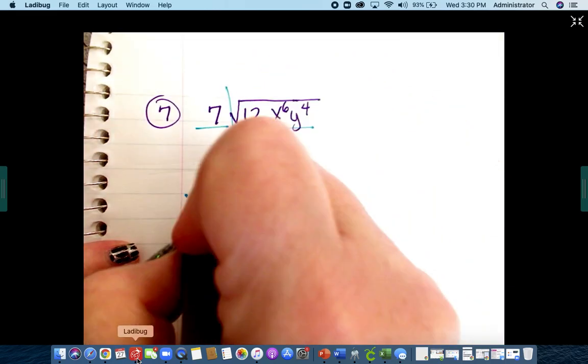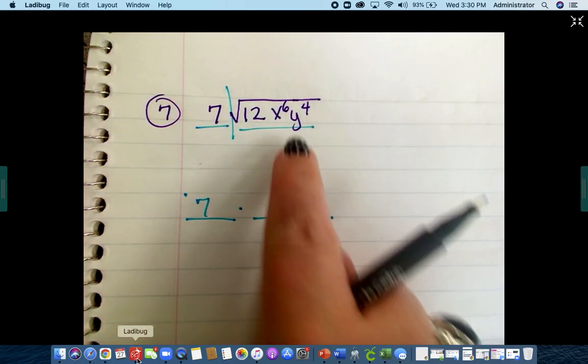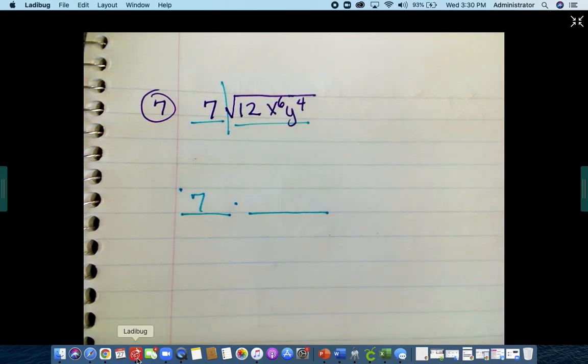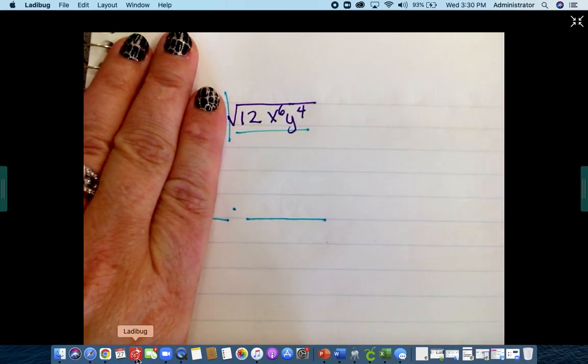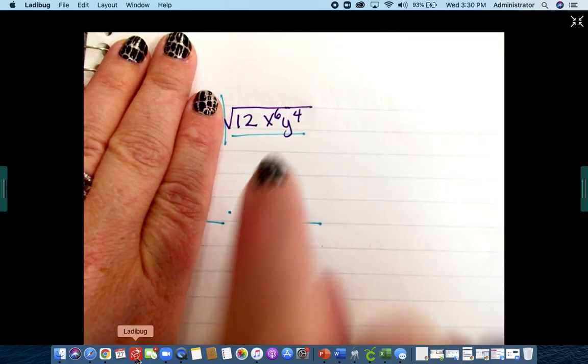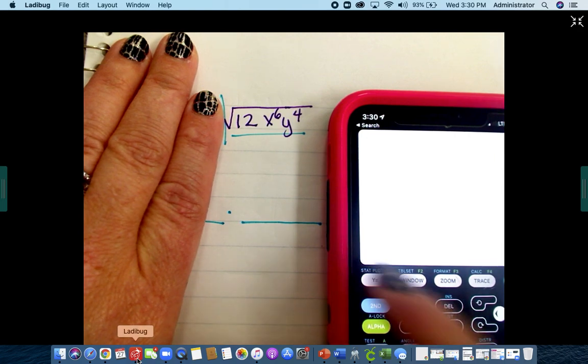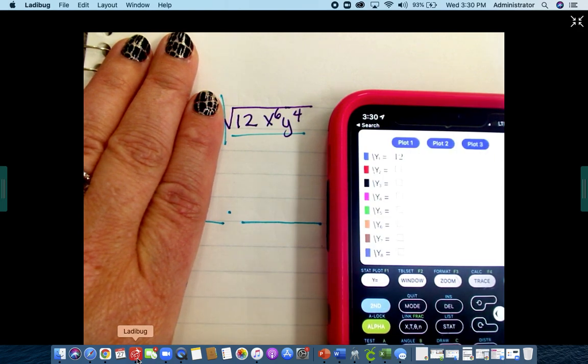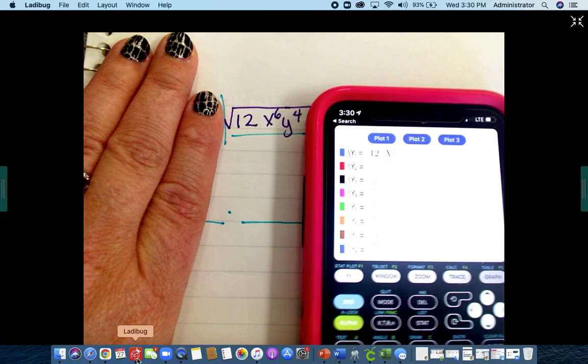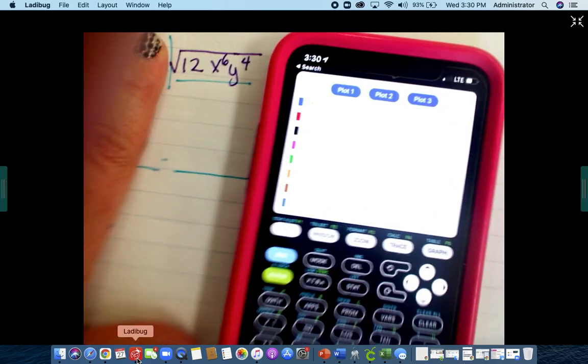So I'm going to bring this 7 down here and multiply it by whatever I get when I simplify this. So if the 7 weren't there, how would we simplify this? This is just like yesterday's lesson. So for 12, 12 is not a perfect square. So if I type in 12 divided by x squared, then look at my table.